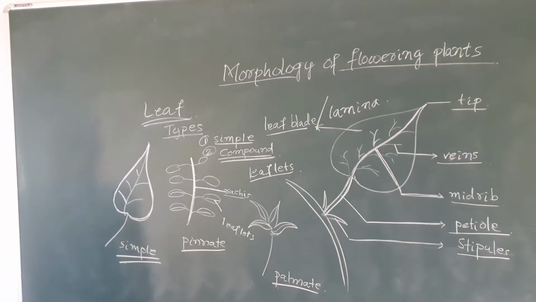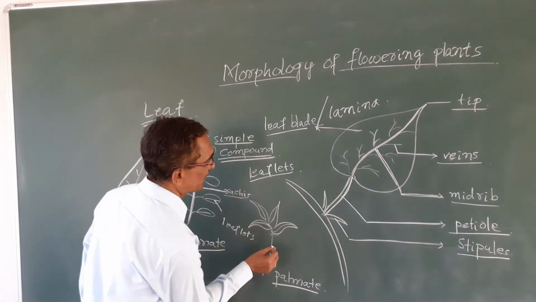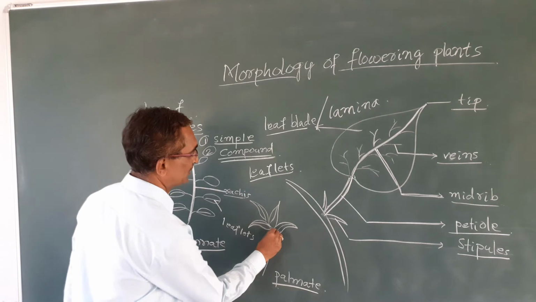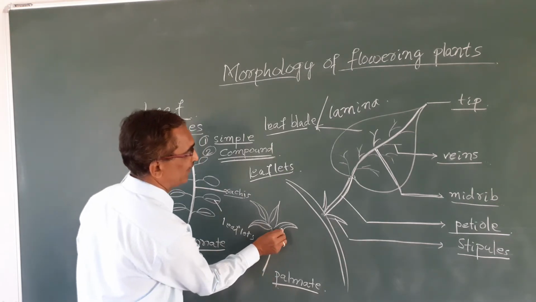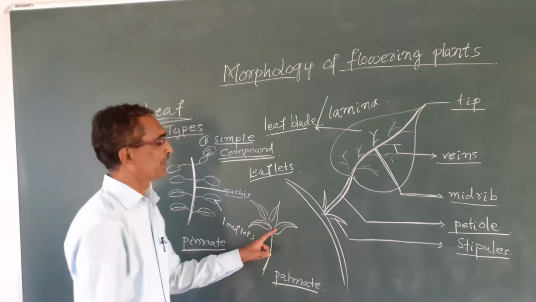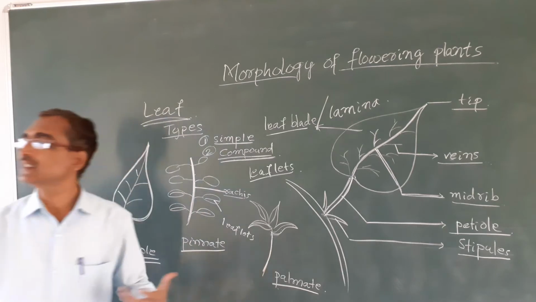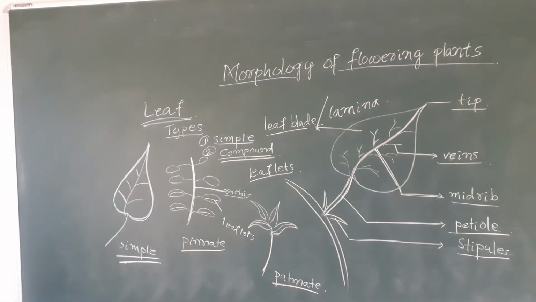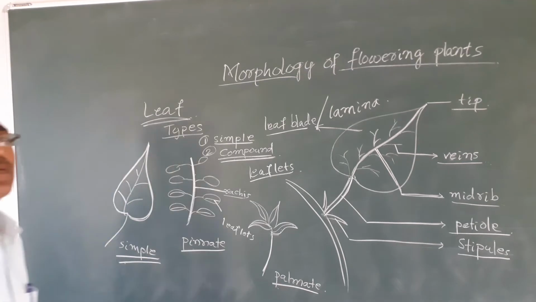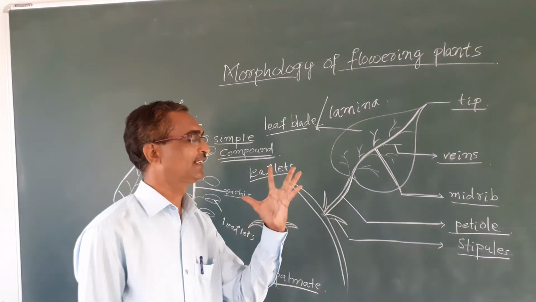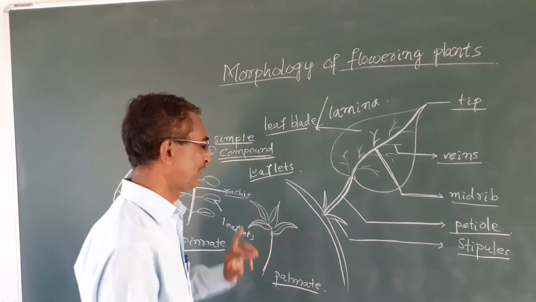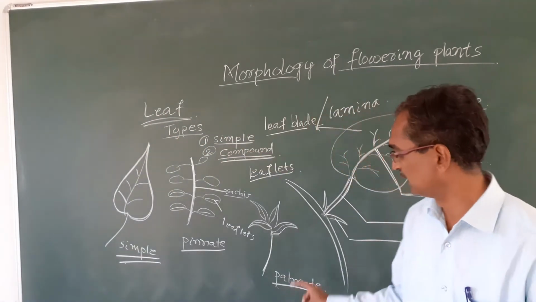And the next one is a palmate compound leaf. Here the leaflets are arranged at the tip of the petiole.